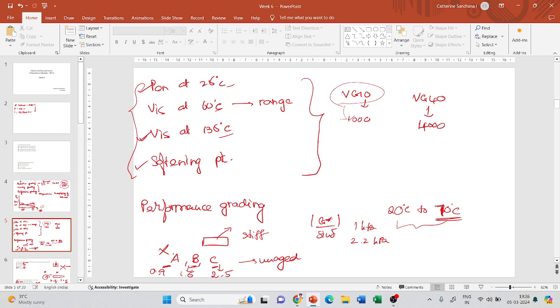So that is what this performance grading actually means. What it actually does is, either you go from the temperature of the place and identify the bitumen, or identify the grade of bitumen and see in what places it can be used. If you identify the temperature of the place to be 70 degrees Celsius, then you come back and find a bitumen which can survive at 70 degrees Celsius.